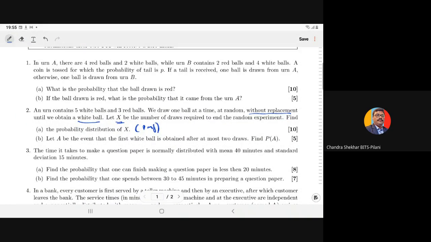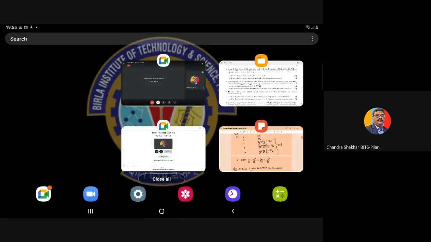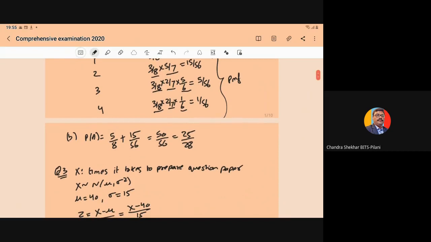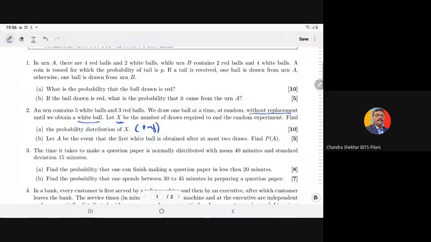Now in the second part, let A be the event that the first white ball is obtained after at most 2 draws. So the event means x less than or equal to 2. The probability P of A we are defining means at most 2 draws.